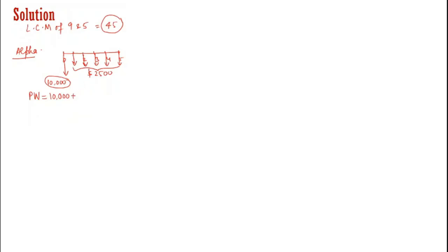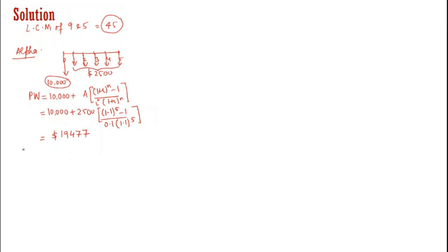So I convert these annuities into present point of time using the relation P equal to A (1 plus i)^n minus 1 upon i(1 plus i)^n. Filling up the values, 10,000 as it is, A is given as 2500, i is 10%, so it will be (1.1^5 minus 1) upon 0.1 into 1.1^5. This comes out to be $19477.